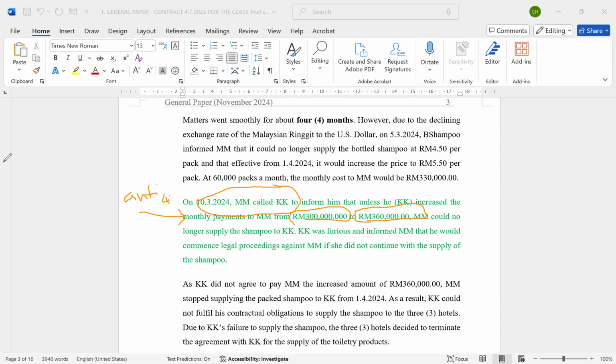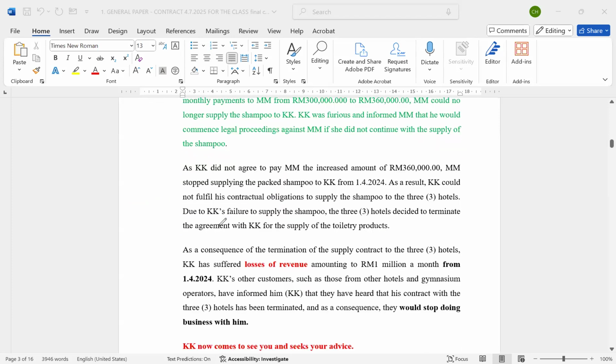And we move further, you can see the relationship gets sour because KK did not agree to pay the increased price. Therefore, MM does not want to bear the loss. So what she did, without any notice, no warning, no nothing, she stopped supplying the shampoo to KK from this date onwards.